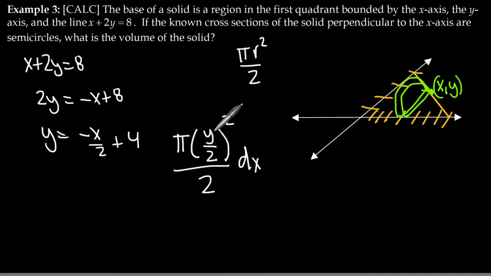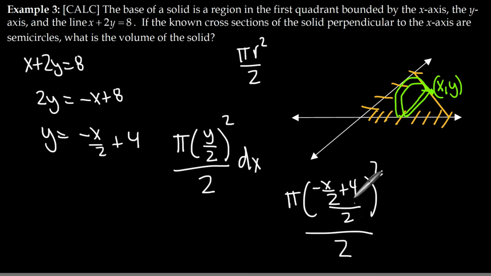All right, so what is y? We can't have y and x, so we need to put everything in terms of x. So y is defined as negative x over 2 plus 4. So it's going to be pi times negative x over 2 plus 4, all divided by 2, squared, divided by 2. Now, there's a lot of divided by 2's in here, okay?